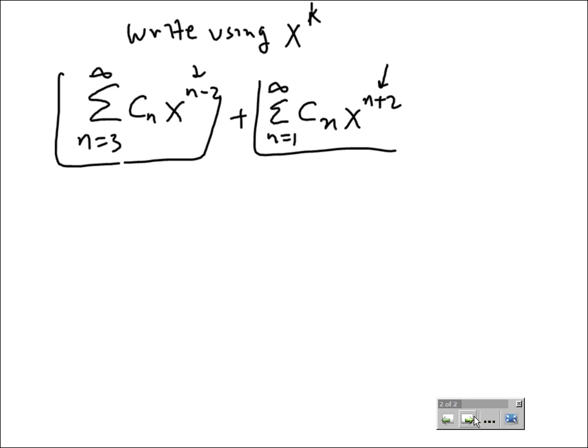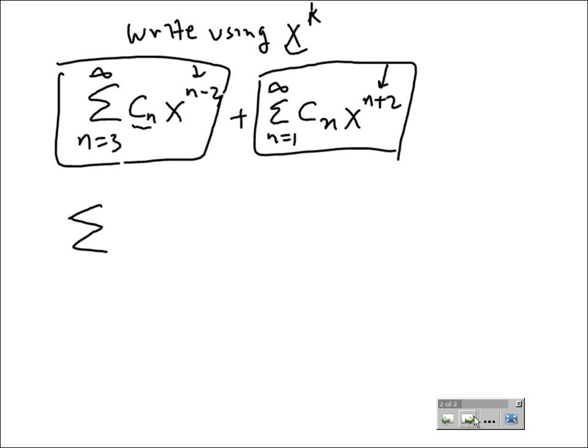When both of these infinite series, also called power series, start with x to the k, we're going to have a summation. We're going to have c to something that we haven't determined, and then we're going to have x to the k. Now, we just need to be careful.